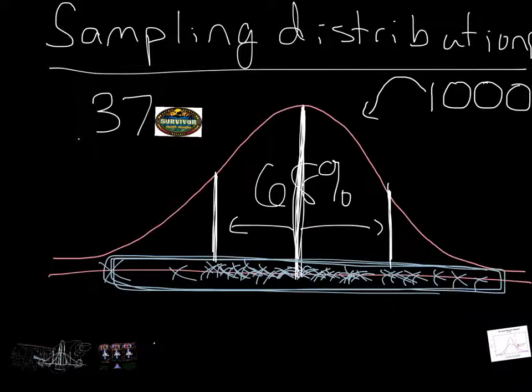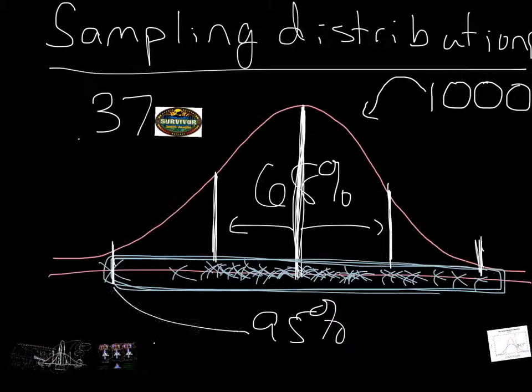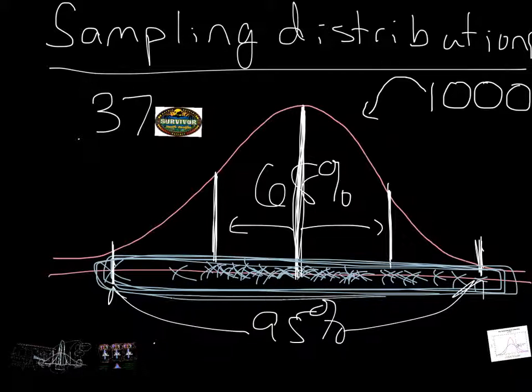And I also know of these, 95% of them are from there to there. So if I'm going to get just one of these blue X's, 19 out of 20 times I do it, I'm going to land in between these two lines right here.